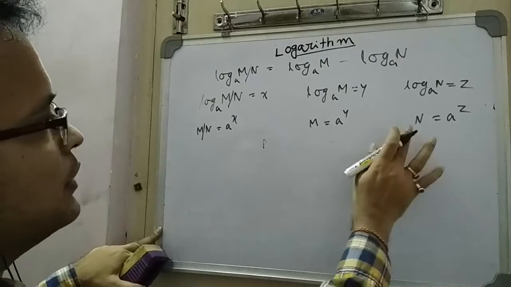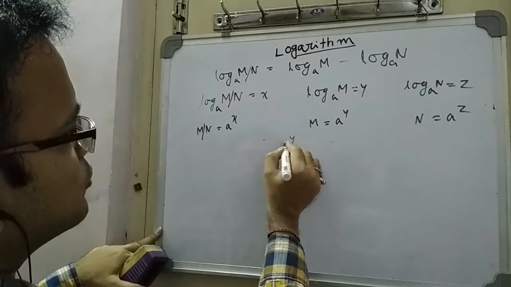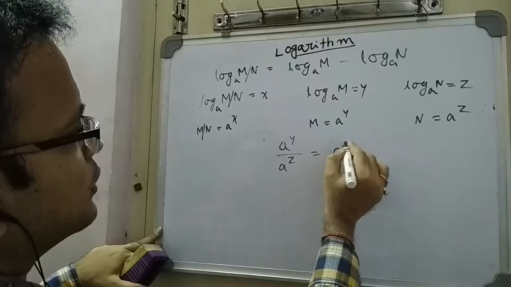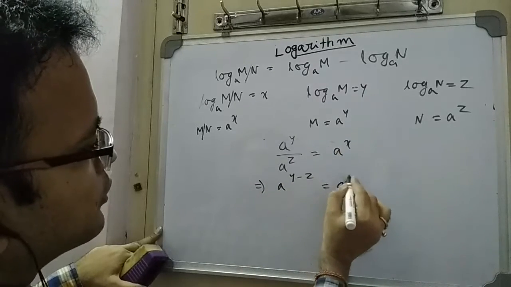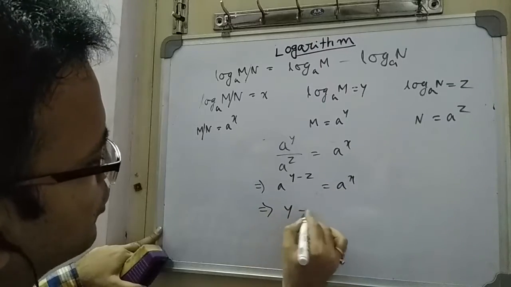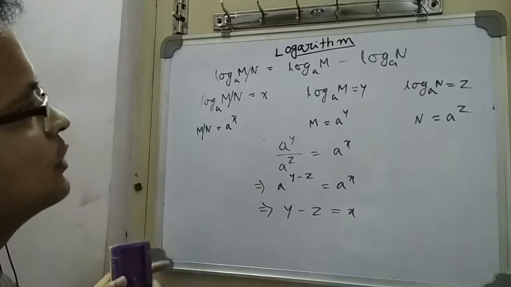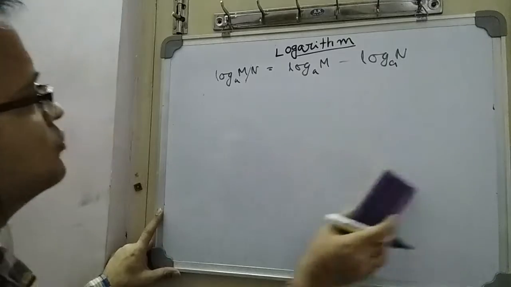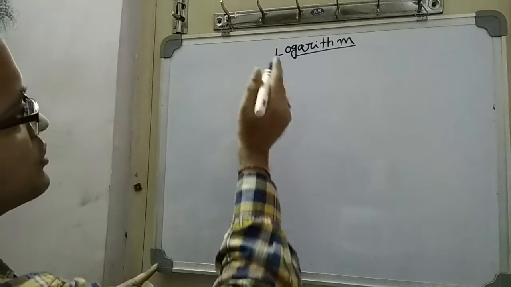So now m by n equals m by n. Same thing, a to the power y by a to the power z equals a to the power x. That means a to the power y minus z equals a to the power x. That implies y minus z equals x. So this is also proved. In this way you can prove any logarithmic property using indices.